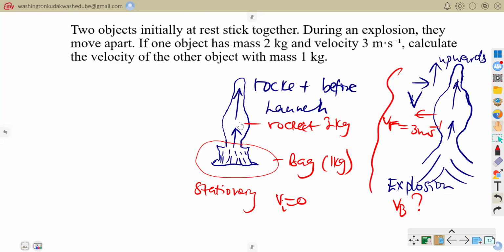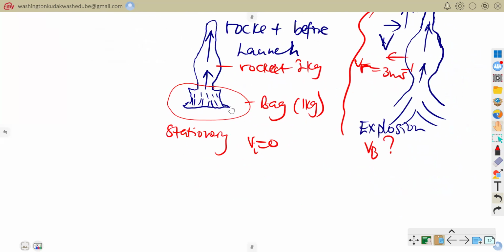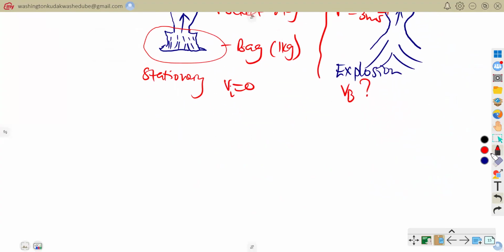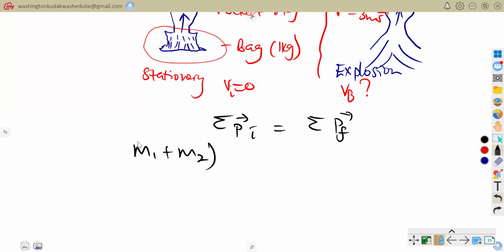Now, this is where we come and apply our linear momentum theorem, where we will get to say that total linear momentum before should be equal to total linear momentum after. And then I get to say that mass of object 1 plus mass of object 2, because they stick together, and then they have got an initial velocity. And then after collision, they get to separate.